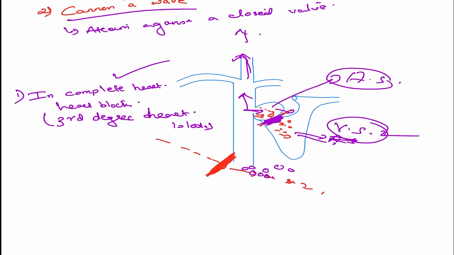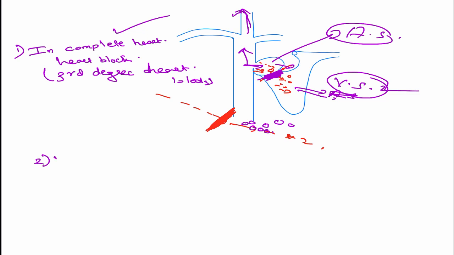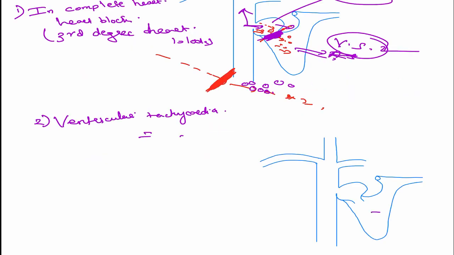Okay. Now second is ventricular tachycardia. Almost the same thing happens. That is, the ventricle keeps on contracting, relaxing. That is systole, diastole. That is what tachycardia is, and the atria doesn't have any problem.